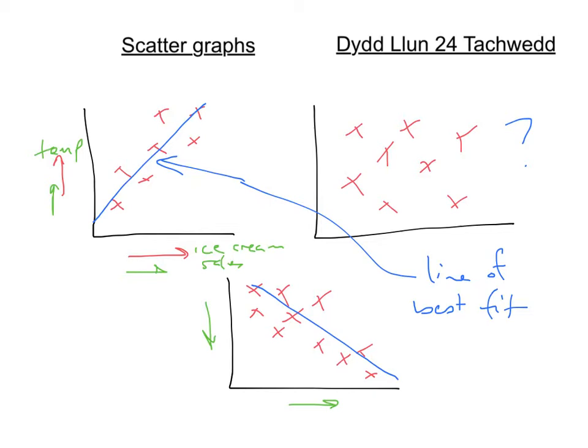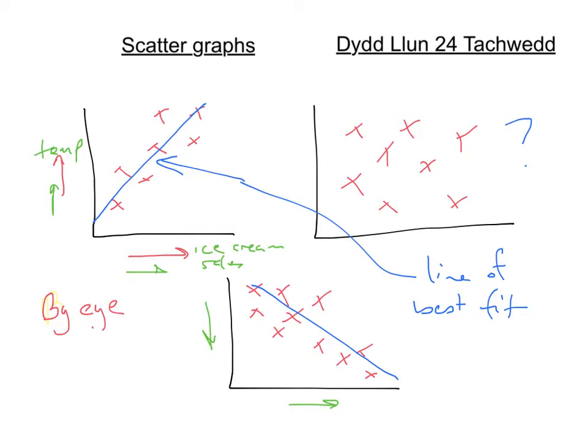Now, what tends to happen is you could be asked to plot the line of best fit, and you just draw it by eye. Well, that's not a very good colour, is it? So you could be asked to draw it by eye. So you just have a look. Or they could ask you to draw it through what's called the mean point.